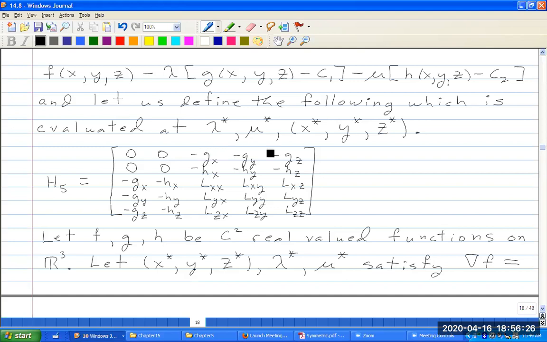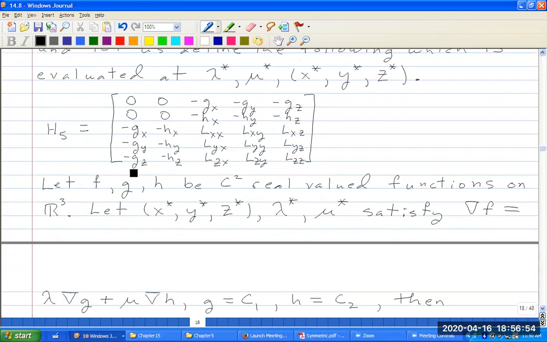And then you have the gradient of G, the gradient of H, and then again minus the gradient of G, minus the gradient of H here. And then you have the Hessian of L with respect to x, y, and z.